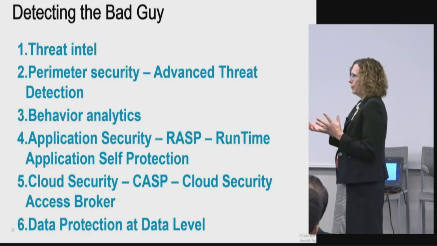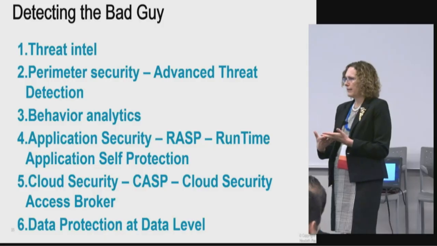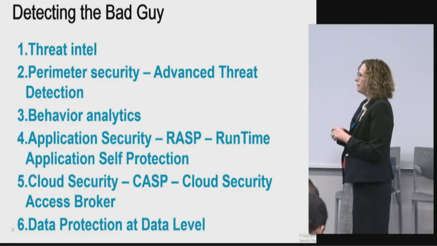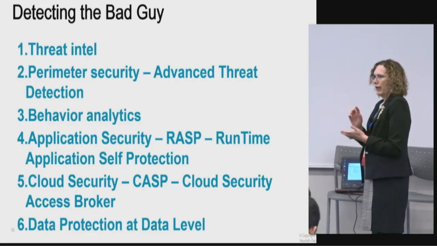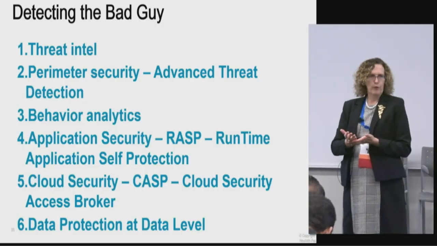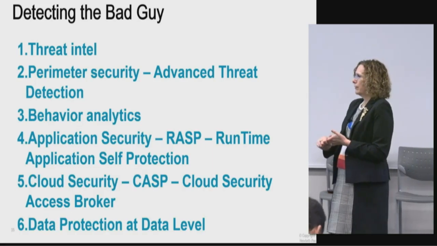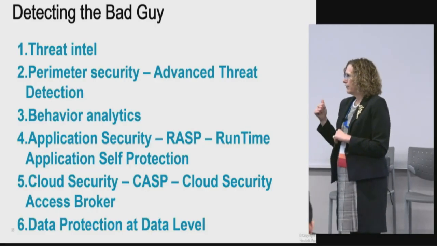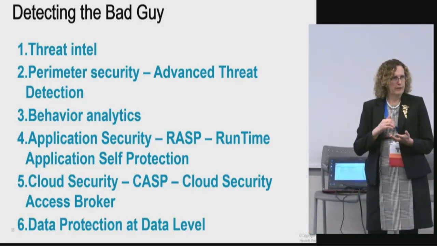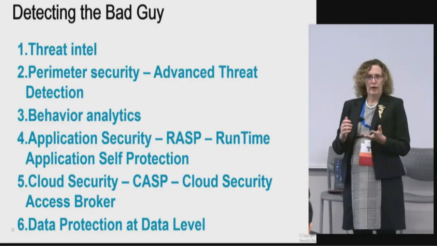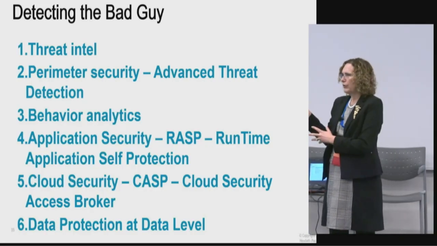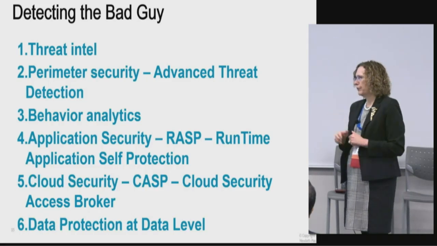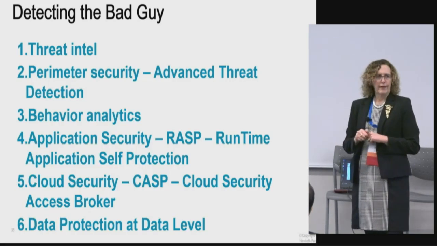Next is to make sure you've got some level of perimeter security using the latest technology, which includes advanced threat detection, sandboxing, and behavior analytics, both network behavior and user behavior analytics, application security, runtime application self-protection, and the cloud access security broker, along with a digital rights management solution and protection at the data level itself. And then all of these tools would feed information directly into a single pane of glass that gives you actionable intelligence that you can take action on.